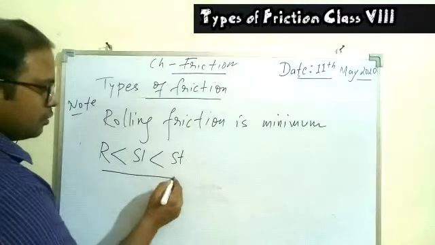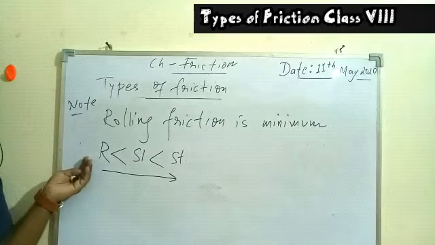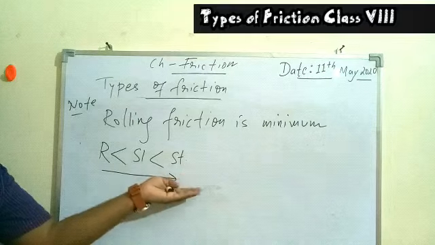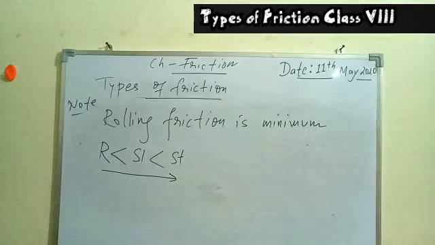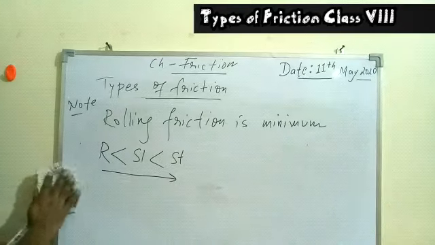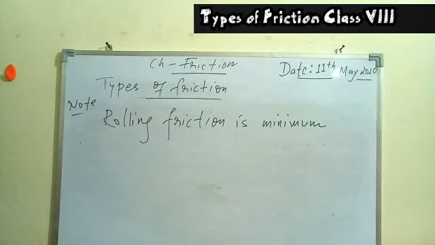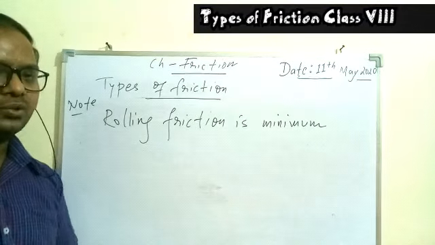So that is the sequence we have. If you move from rolling to static, the friction will increase. The static friction is the maximum and the rolling friction is minimum. So one thing is clear, that if we have to move any heavy vehicle or heavy object, we must convert the sliding into rolling friction, and we can do it easily.